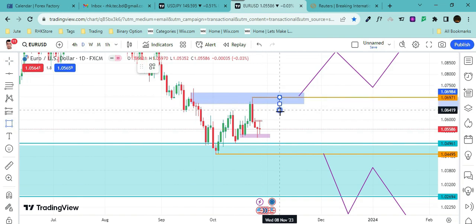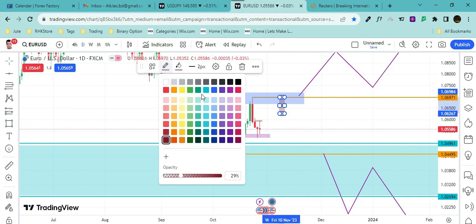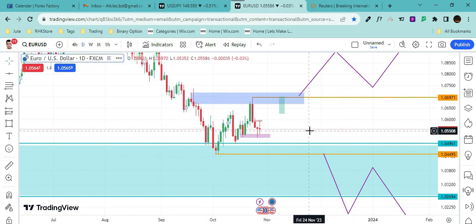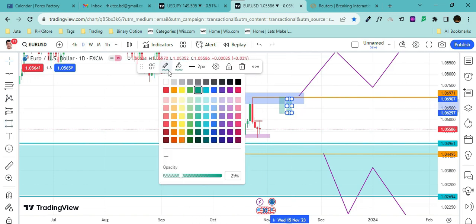Retest means it will come here with a green, solid green. Let's put it solid green. And then maybe it will again try to break down with a solid red.